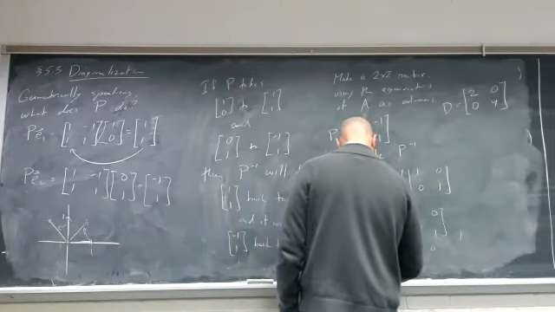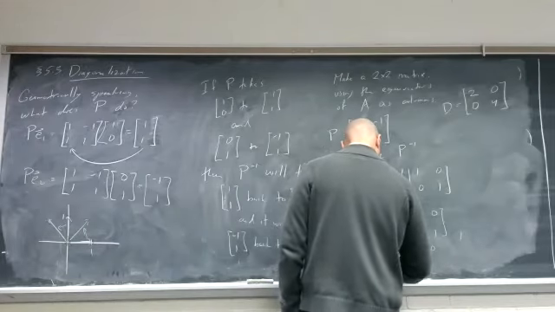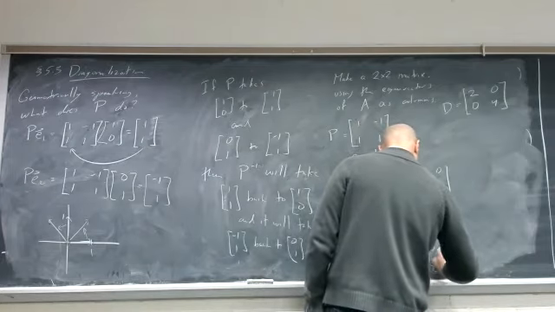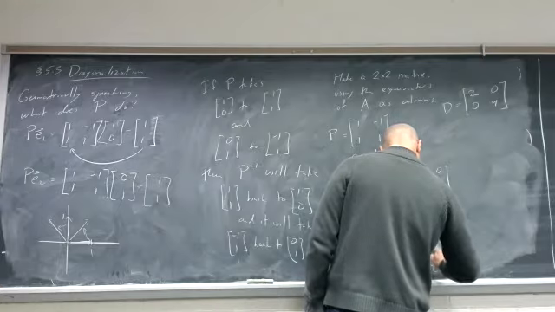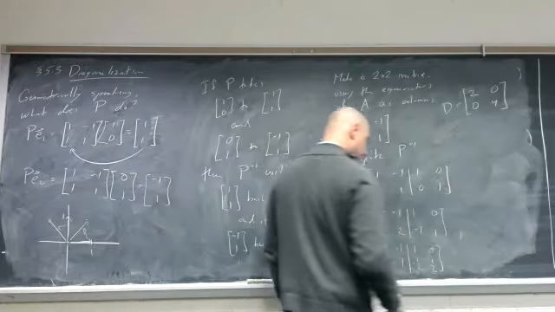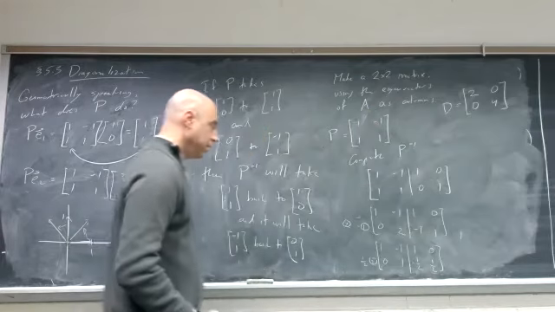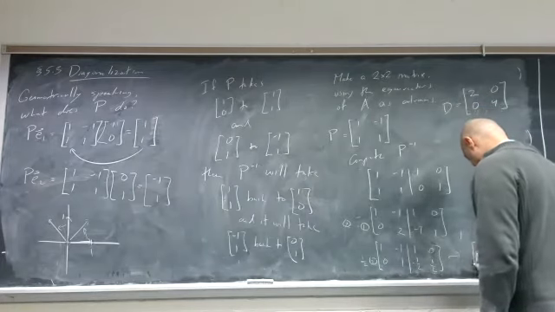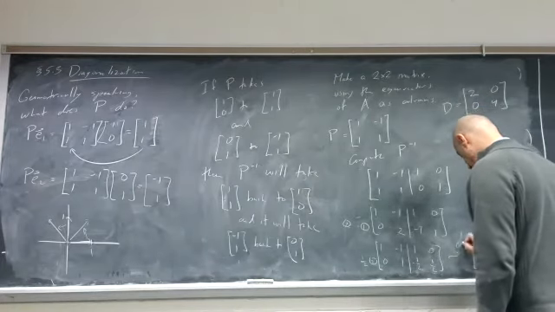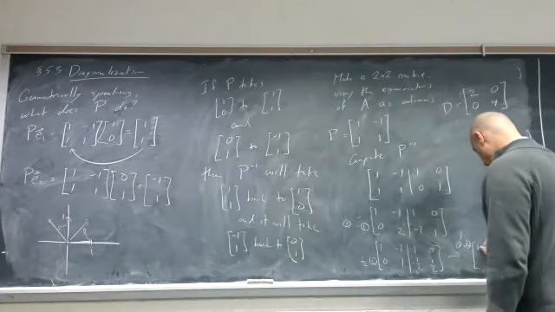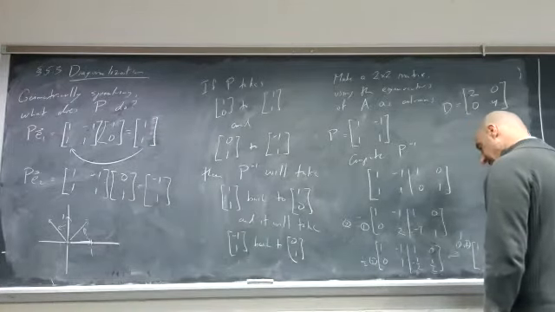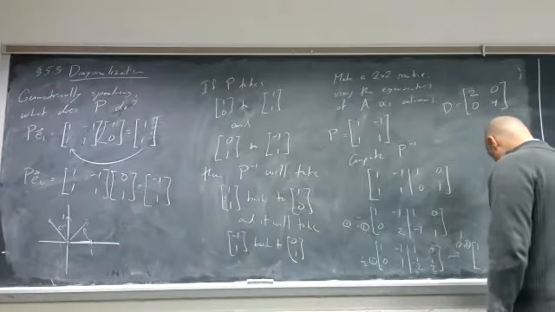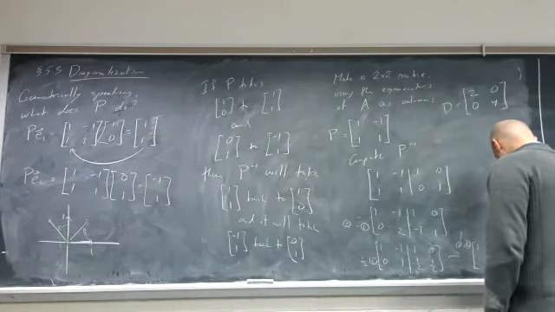That gives me 0, 1, minus 1 half, 1 half. And then I'll take row 1 and add row 2. So that gives me 1, 0, 1 half, 1 half, negative 1 half, 1 half.